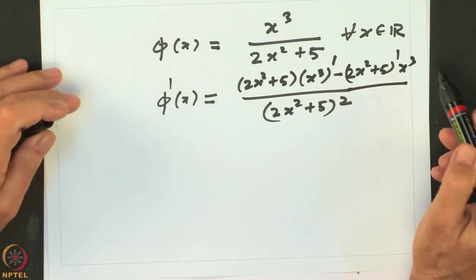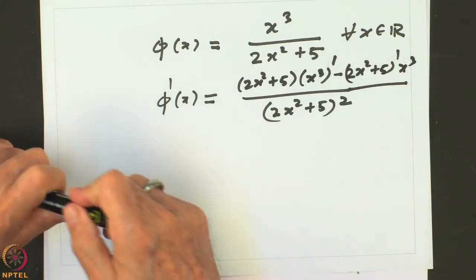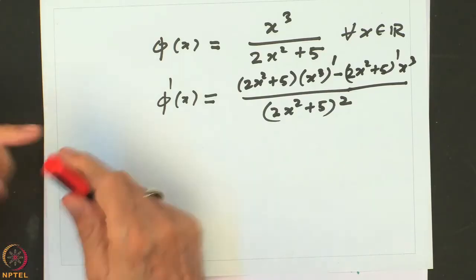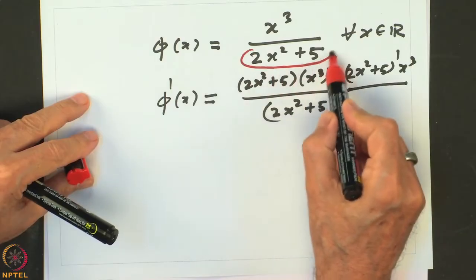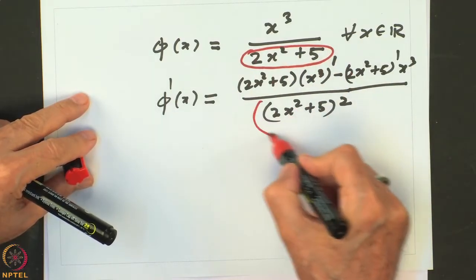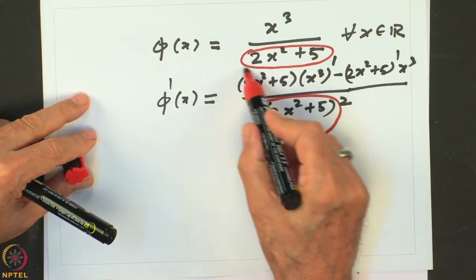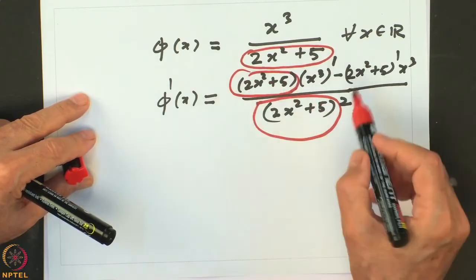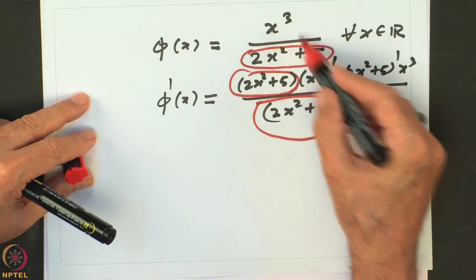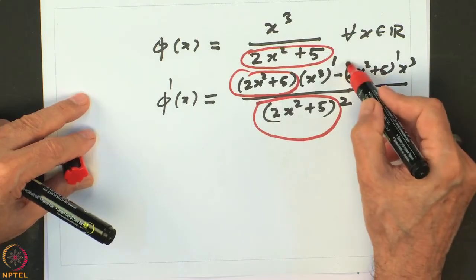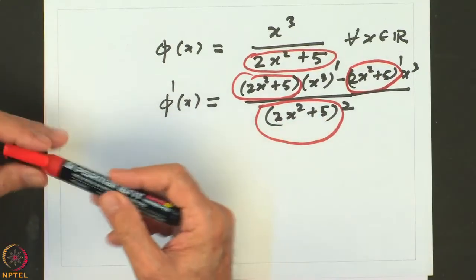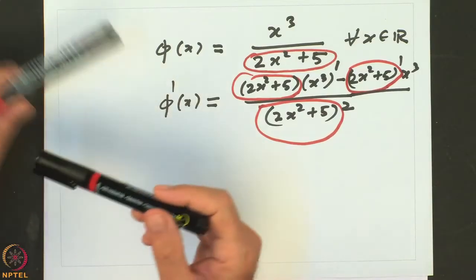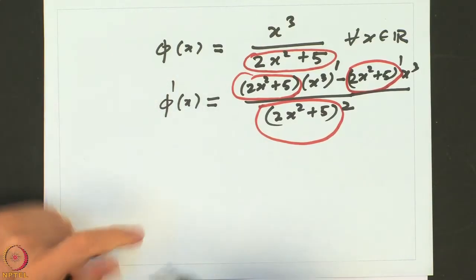This is how you write the derivative for the quotient rule. Basically, what we are saying is, if this is the denominator, then the denominator square comes, and the same denominator comes here into the derivative of x cube, and the next term is minus the derivative of the denominator into the numerator. So, now we can compute this.